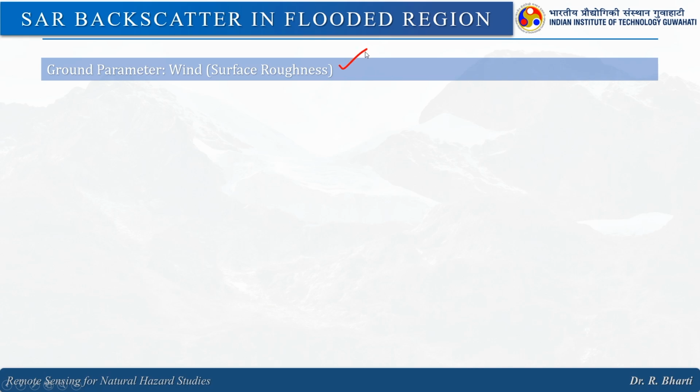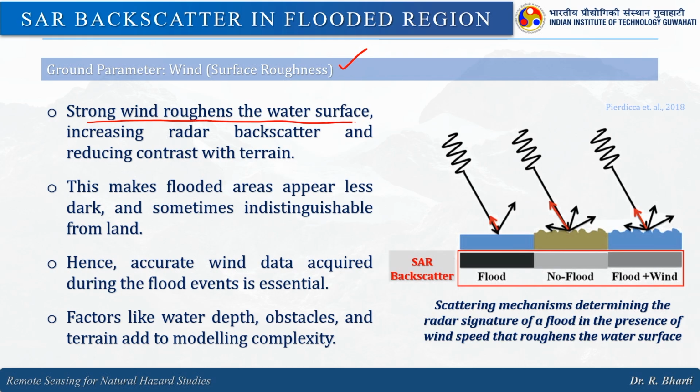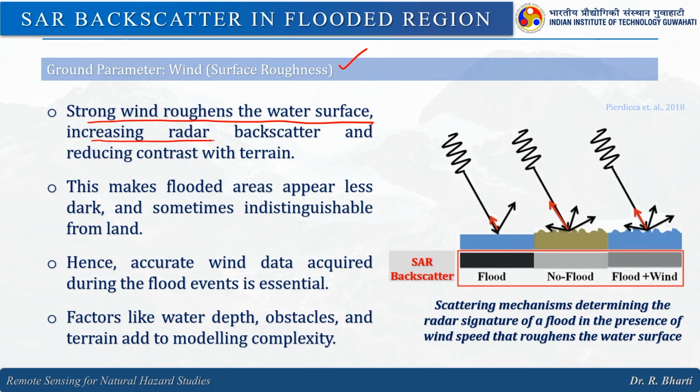Now comes the surface roughness. Strong wind roughens the water surface, because of the ripples it will appear rough, right, and at the same time we are having the microwave measurement. So, it increases radar backscatter and reduces contrast with terrain, because earlier when it is calm, we will get a low value for the water, the darker pixel will represent the water.